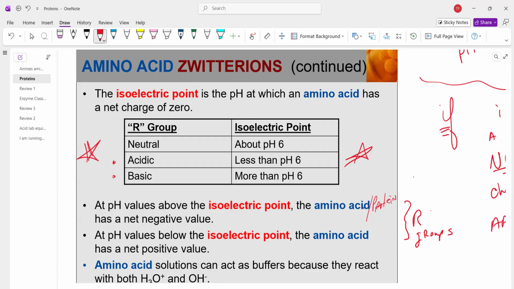Excuse me. Okay. All proteins, for example, casein in milk has got an isoelectric point of 4.5.